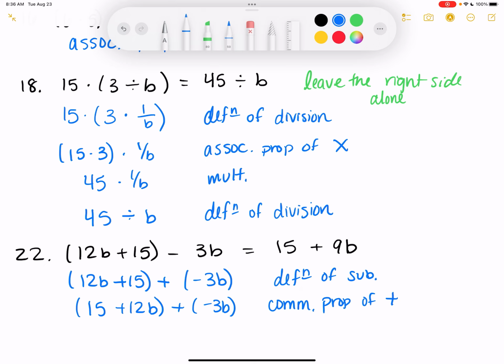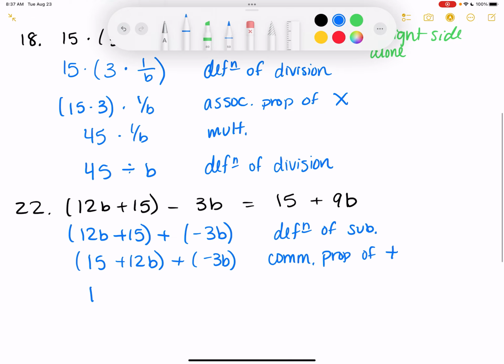So now we put the 12b and the negative 3b together in the same parentheses. So I would have 15 plus parentheses 12b plus the little parentheses negative 3b. What allows me to do that? Associative property of addition.